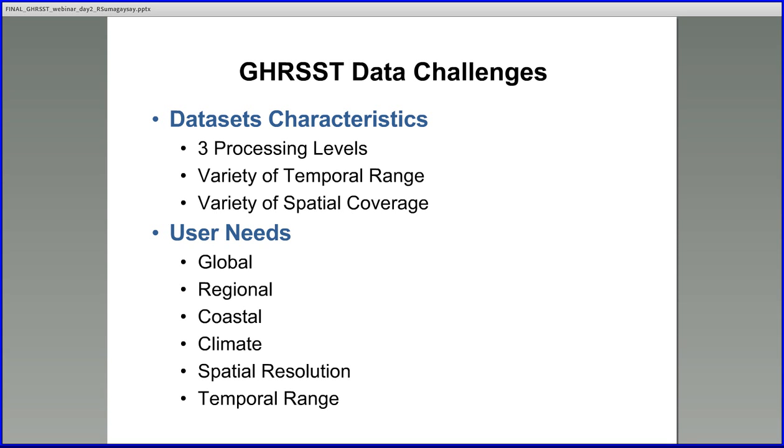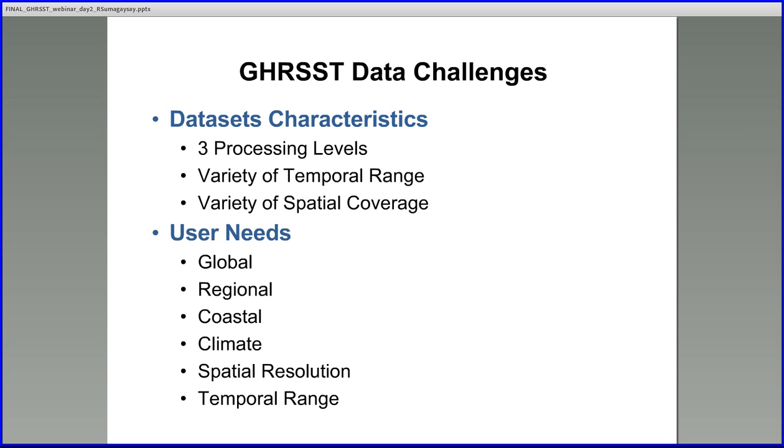The desired data would either be global, regional in the case of Michelle's presentation yesterday on her ENSO studies, coastal for Jorge's presentation about understanding the dynamics of coastal regions associated with major upwelling along the coast of Peru. Then there are climate studies with another set of criteria for spatial resolution and temporal coverages. So with those challenges, we provide tools and services and hope to support in the finding and accessing of data based on users' data requirements.